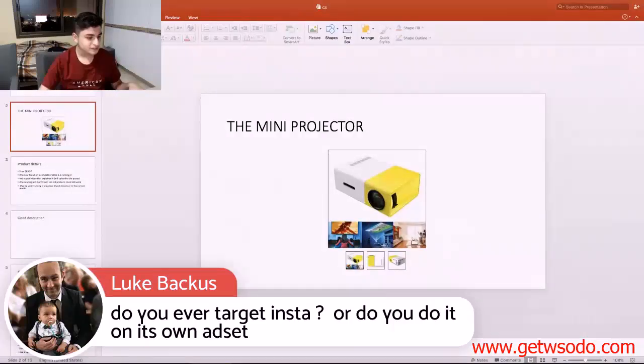So let me know, guys, if you have actually been targeted by me or by anybody else selling this projector. Anybody that got targeted? Nobody.